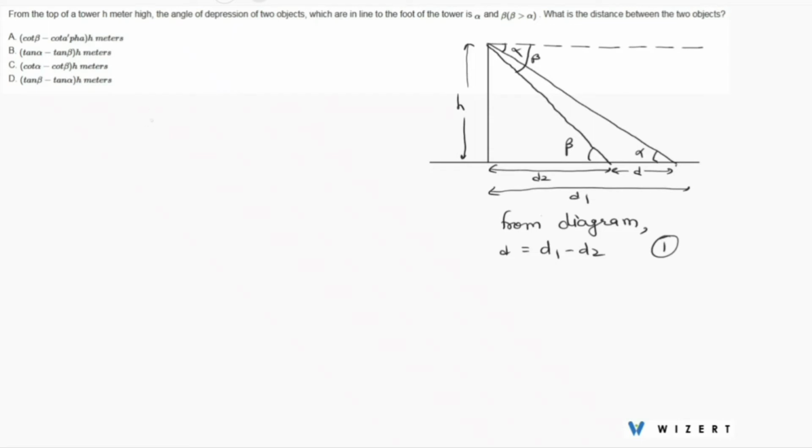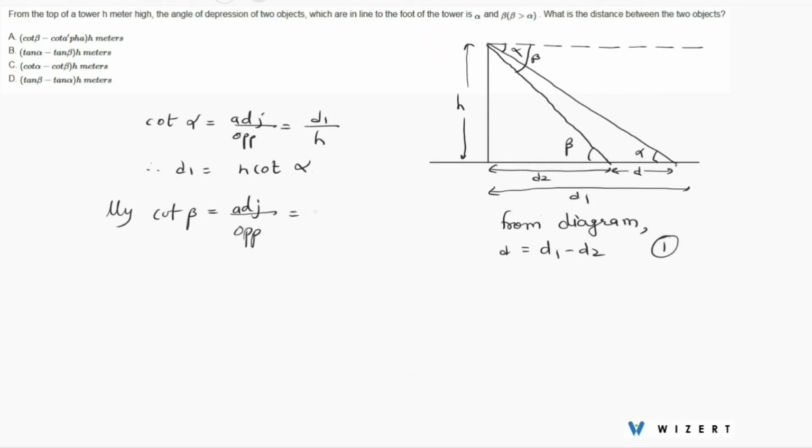We can say cot alpha is equal to adjacent upon opposite, which is equal to d1 upon h. Therefore, we can say d1 is equal to h cot alpha. Similarly, cot beta is equal to adjacent upon opposite. So we get d2 upon h. Therefore, d2 equal to h cot beta.